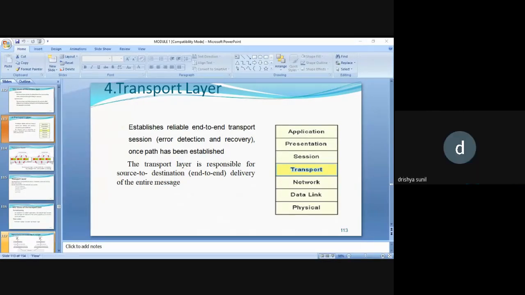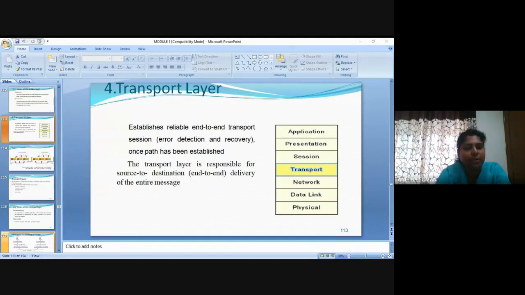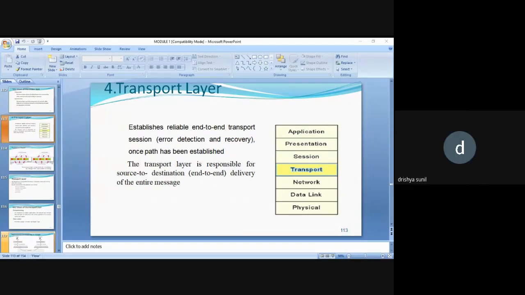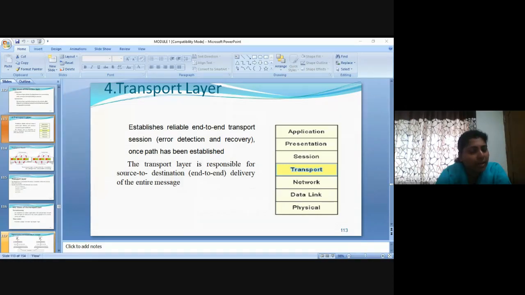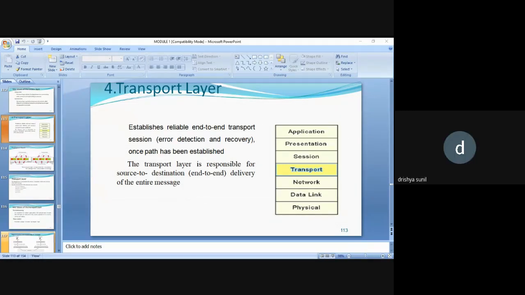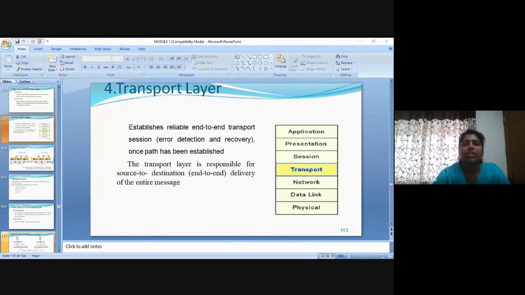Authentication, session management. And what? Authorization and authentication. Okay. Those were the functions performed by the session layer.